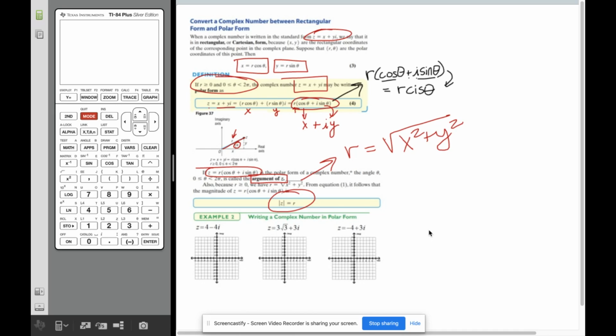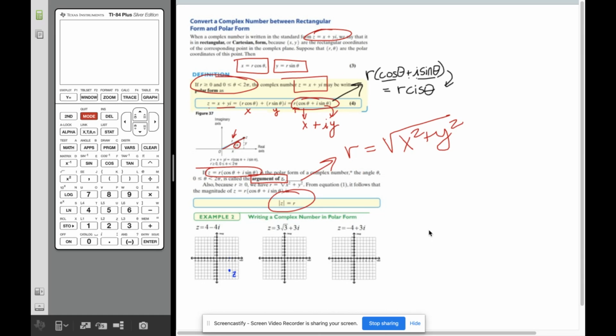All right, so let's graph and look at how we would convert 4 minus 4i first of all. I think it would make sense probably to go ahead and graph that. So that would mean x is 4. So we'll go 4 to the right, and then we'll go 4 down. So that would be the point z in this particular situation, okay?